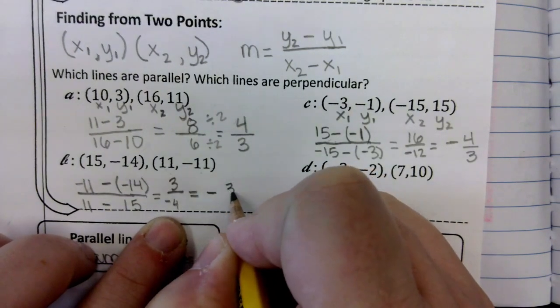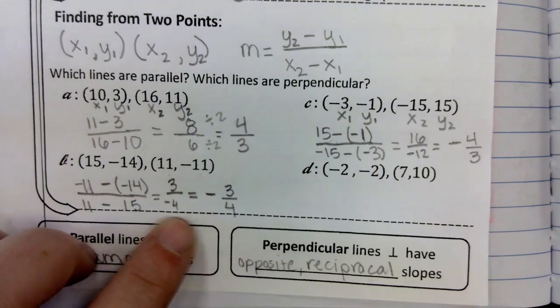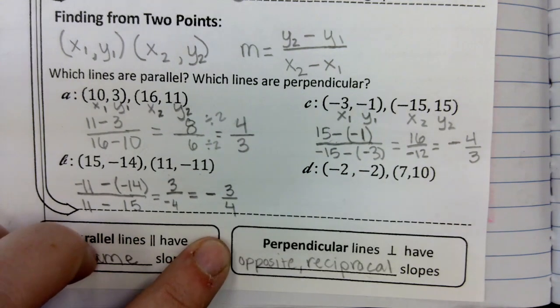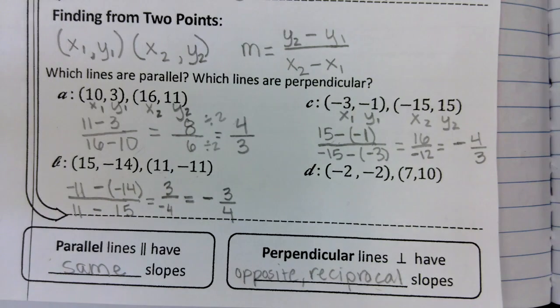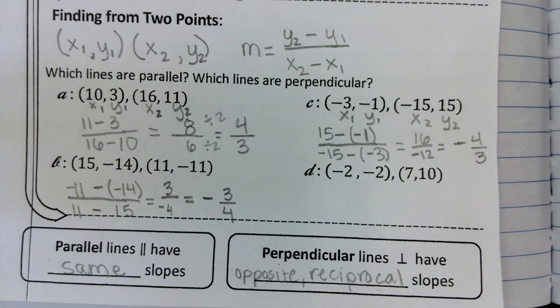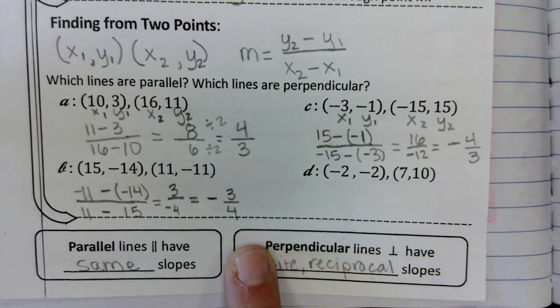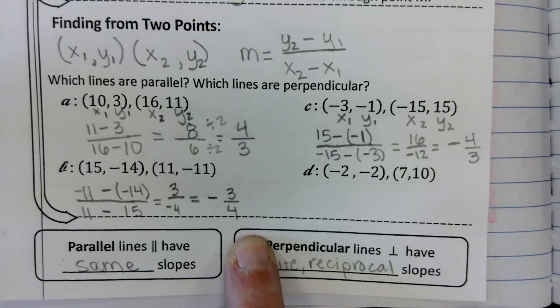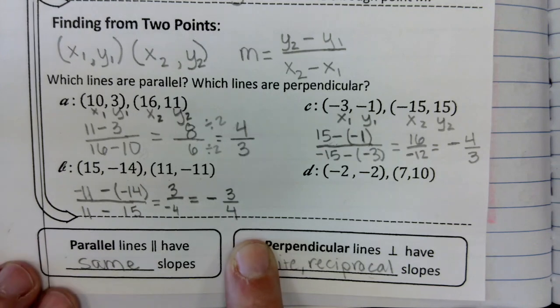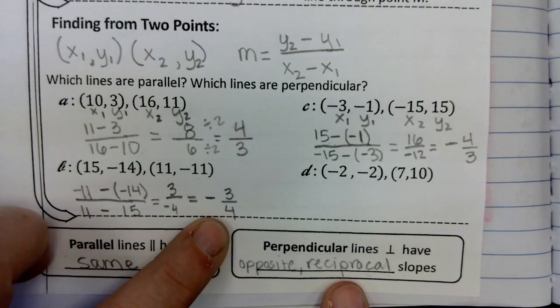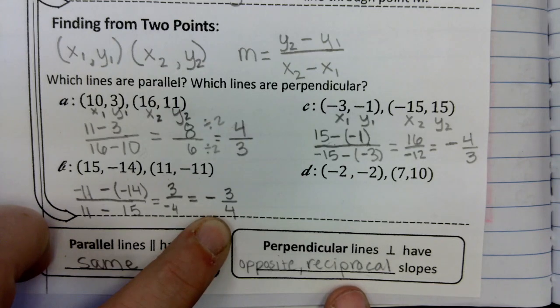Alright, so with negative 3/4, are there any that are exactly the same? No. Are there any that are opposite reciprocals? Yep. So we want the opposite. Opposite means positive to negative or negative to positive. So this starts negative, so what kind of answer do we want to look for perpendicular?